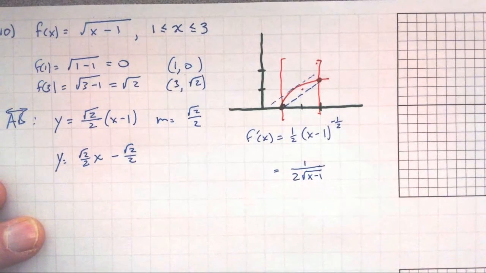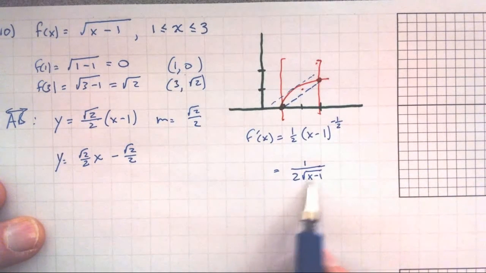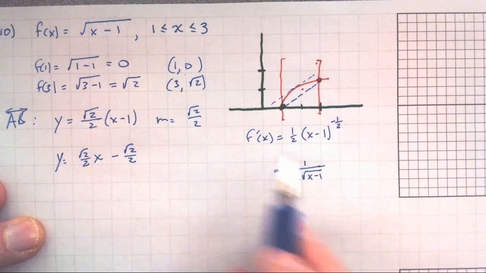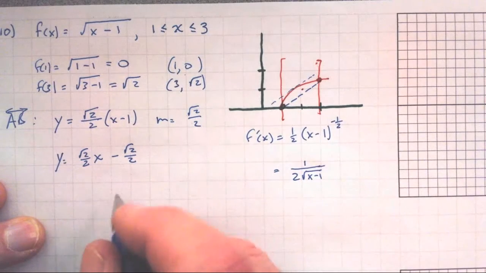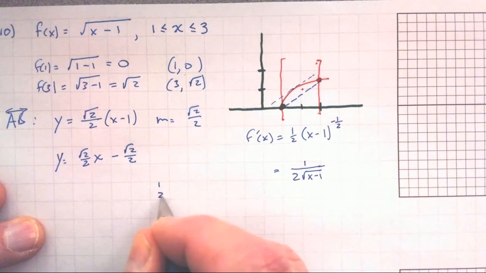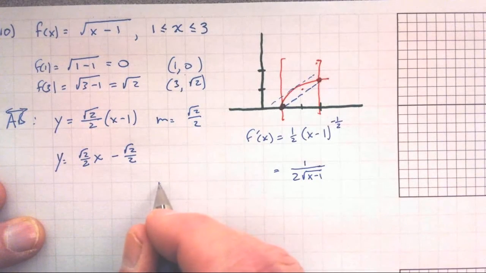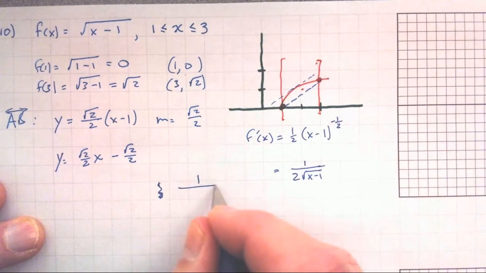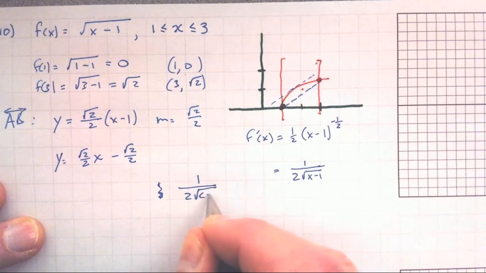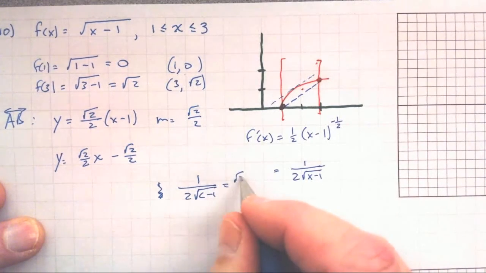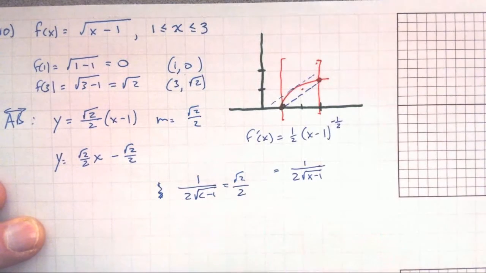And mean value theorem tells us that somewhere this has to equal that. It actually always uses value c, so I'm going to say f prime of c, let's do that again, 1 on 2 times square root of c minus 1 must equal root 2 on 2.